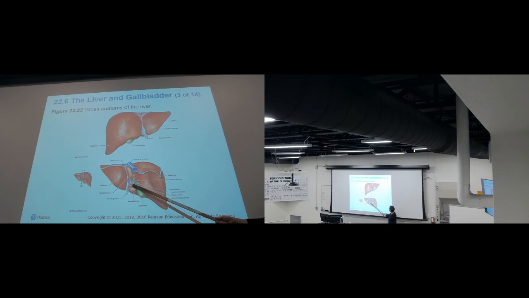And then this common hepatic duct merges with the cystic duct that is draining the bile from the gallbladder into the common bile duct. So the common bile duct is then the anastomosis of the common hepatic duct and the cystic duct.